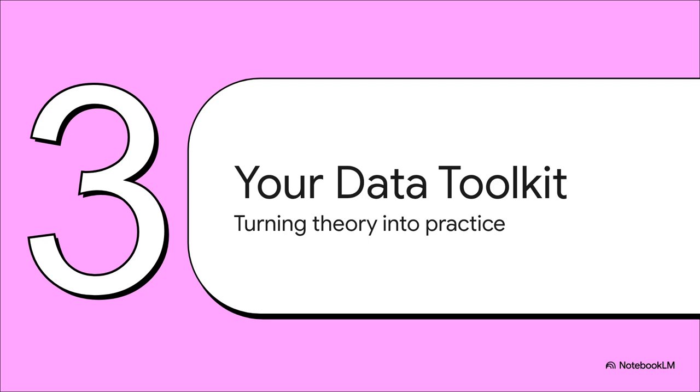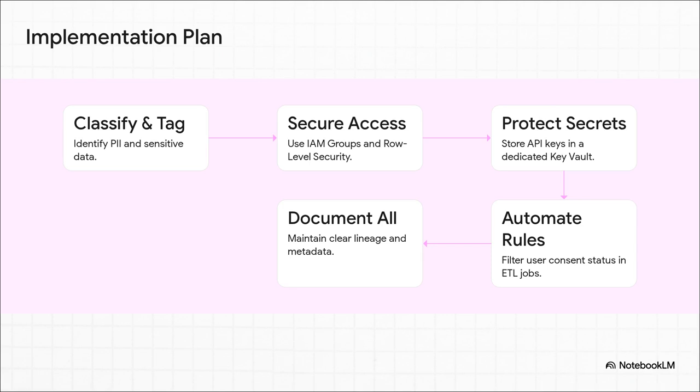Okay, knowing the pillars is one thing, but you need the right tools and a clear process to actually make it happen. This is where we get our hands dirty and turn all that theory into practice. Here's a simple blueprint that works every time. 1. Classify and tag your data. Know what's personally identifiable information, or PII, and what's super sensitive. 2.